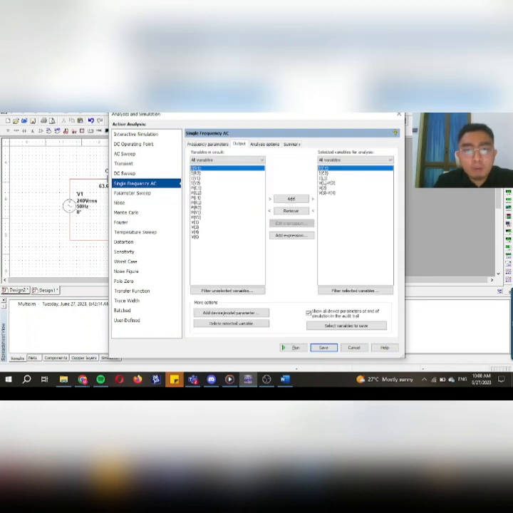For the output, we need to put all the variables needed in this box here. On the right side is the value we need to find for the questions, which is the time domain representations for the load, capacitor, and inductor.